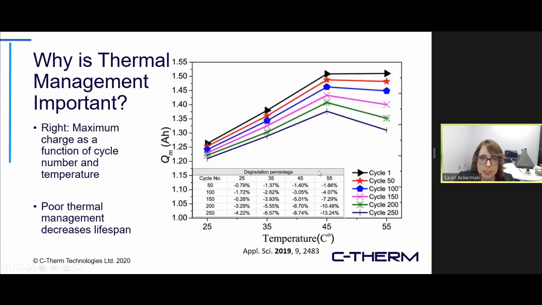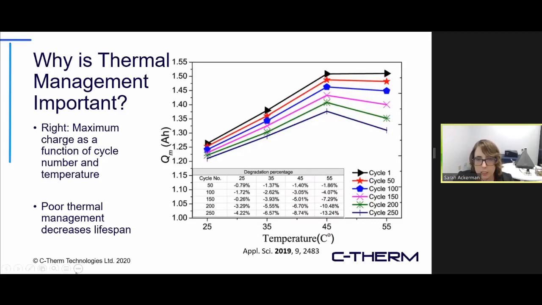So you can see here at the different temperature ranges, the cycle number is directly related to the degree of degradation of the battery system, but the temperature of operation also has a very large effect here.